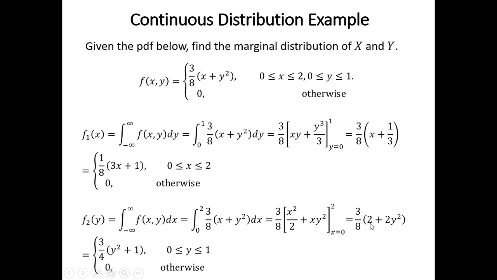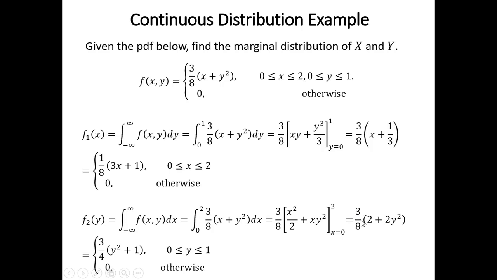So here we would get 3/8. We would have a 2 squared, which is 4, over 2, which simplifies to 2. And for x, we substitute in 2, we get 2y squared. So once again, we can do a little bit of algebra here, factor out a 2, and then cancel down.